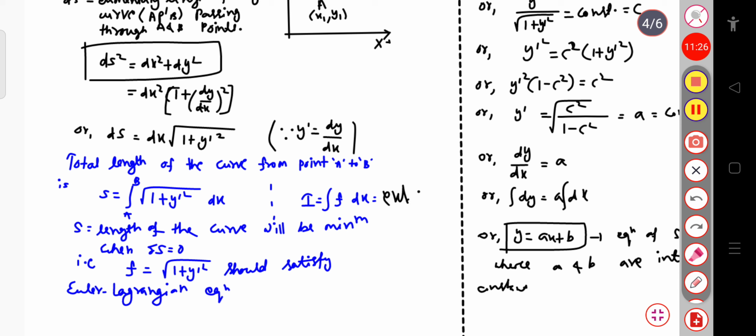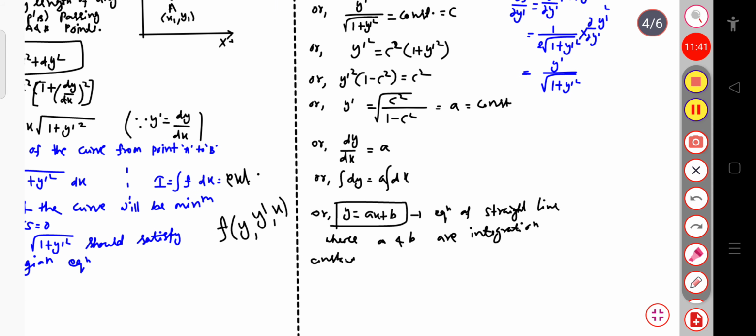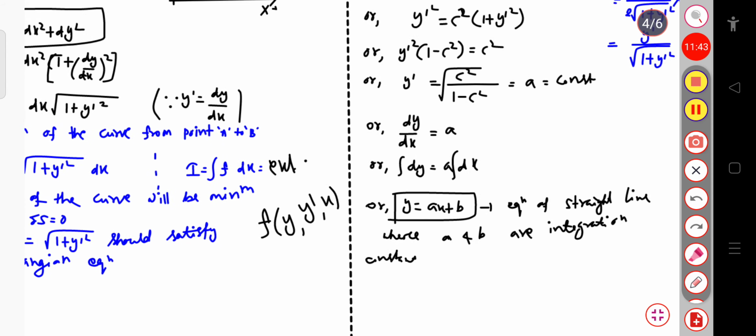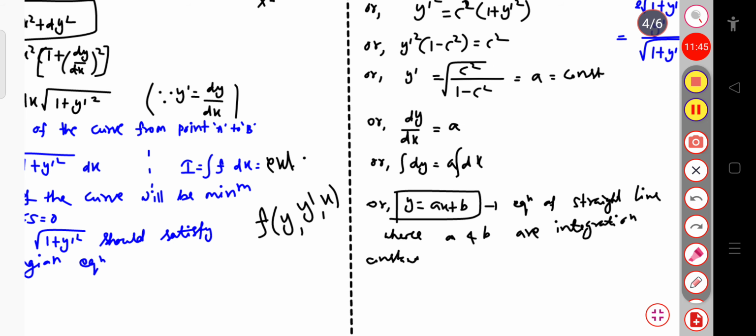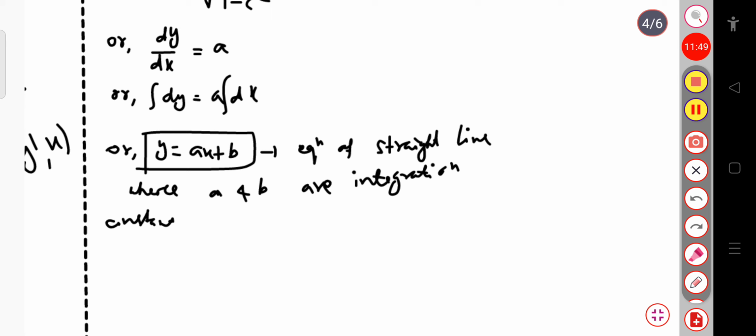Since this f is a function of the position coordinate, y′ and x, we can apply the Euler-Lagrange equation, and after substituting all the values and calculation we get y equal to ax plus b. You can see the relation between y and x gives the equation of a straight line.